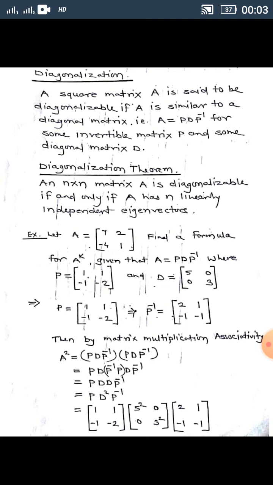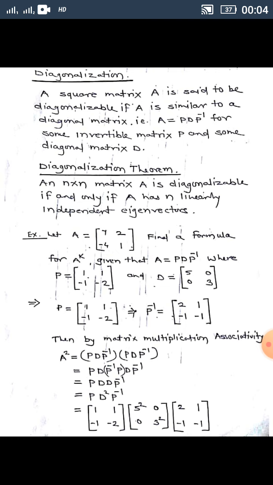We can find the P inverse by operating with the cofactor matrix. We have to calculate the cofactor elements here. For the diagonal elements, we interchange them, and for the off-diagonal elements we change the sign, and we multiply by the inverse of the determinant of the matrix P, that is minus 2 minus of minus 1, that is plus 1. Minus 2 plus 1 is minus 1. If you multiply by minus 1, you get the inverse as [2 1; -1 -1].